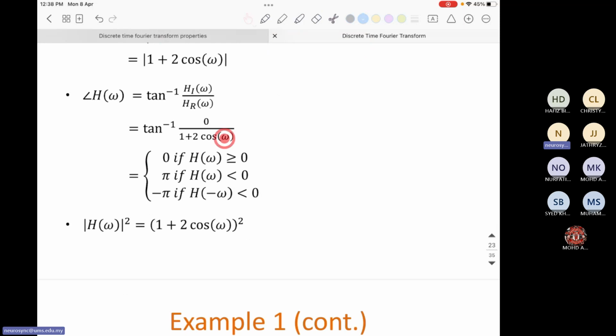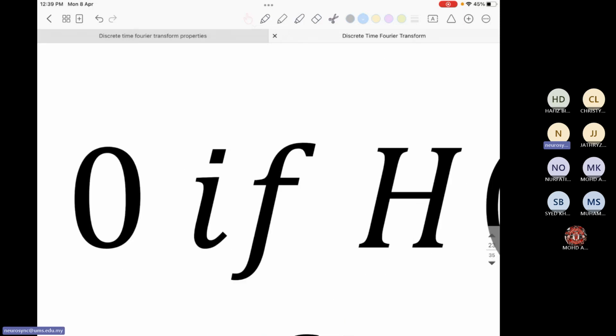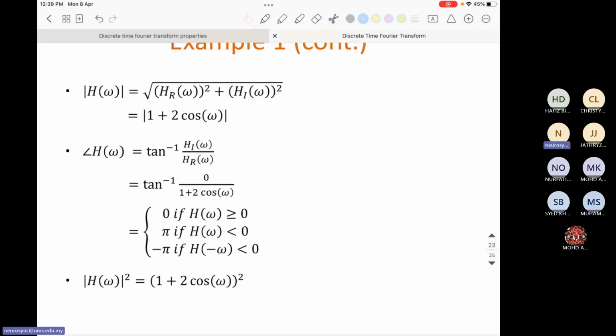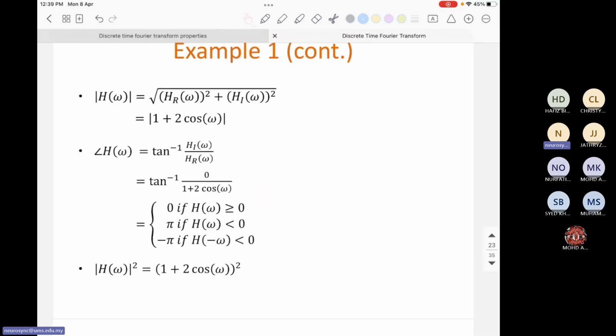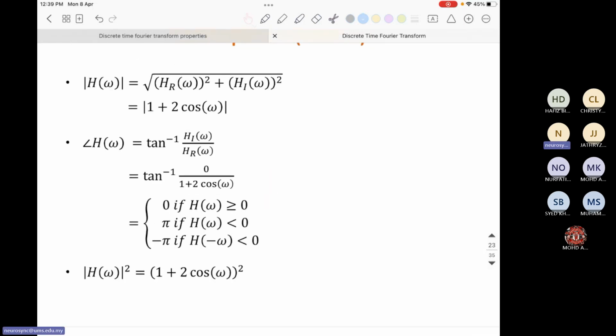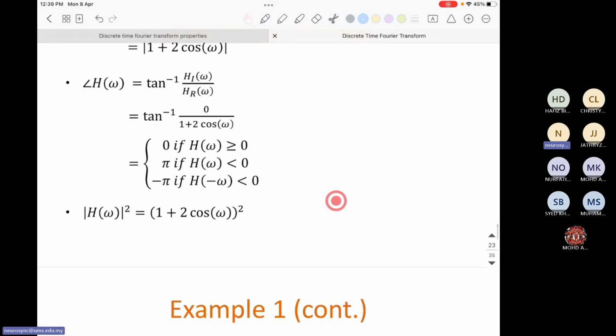Imaginary is 0. Now, this angle is 0 if h of omega is greater than 0, pi if it is less than 0, and minus pi if h of minus omega is less than 0. And if you want to find the energy function, energy is nothing but the magnitude square. So you simply do the square of this magnitude.